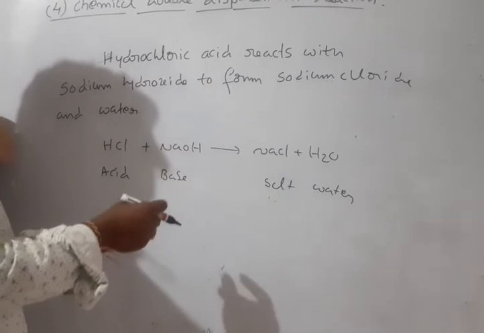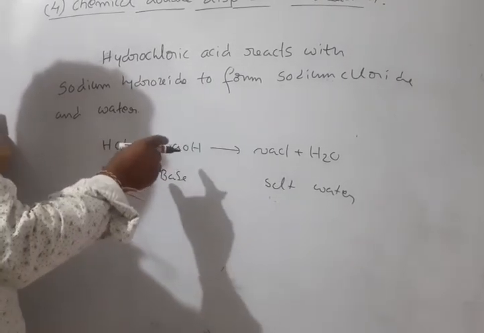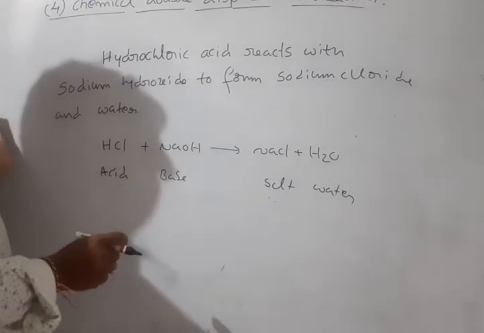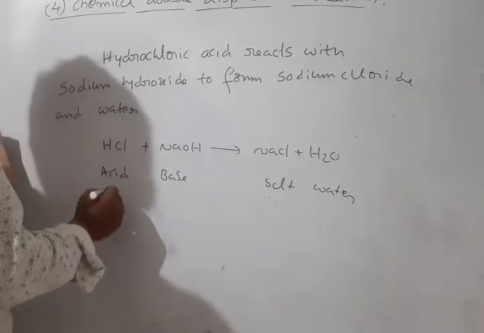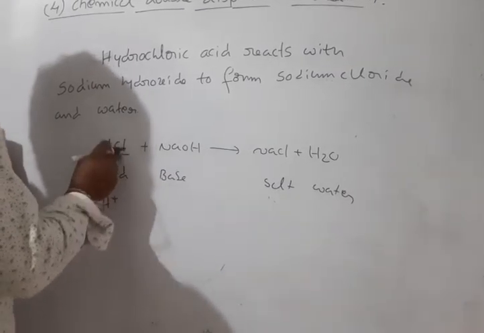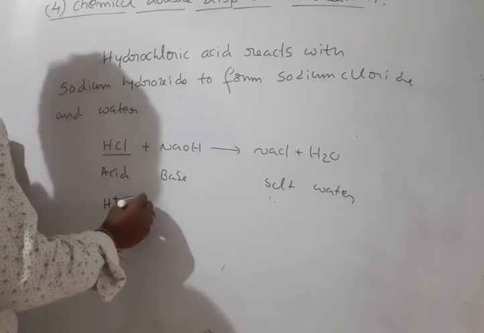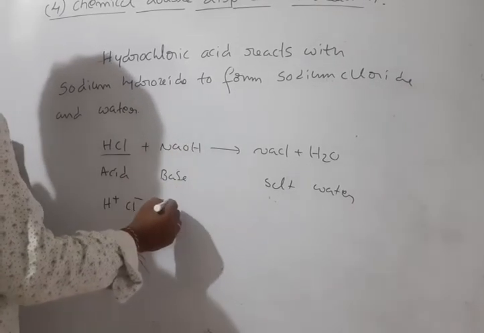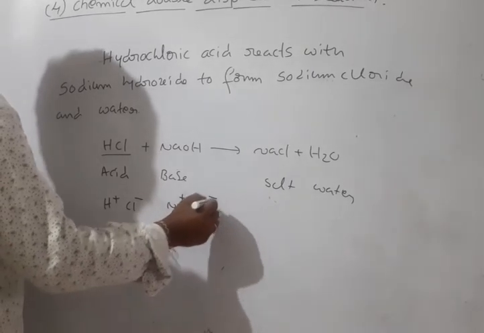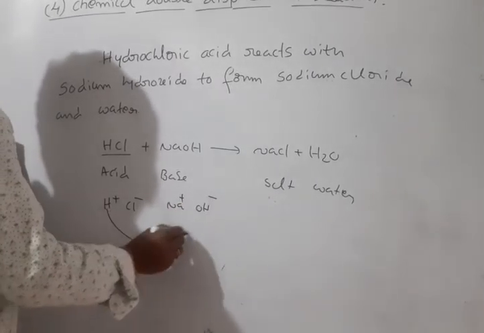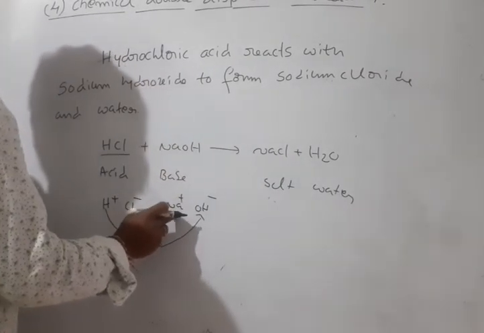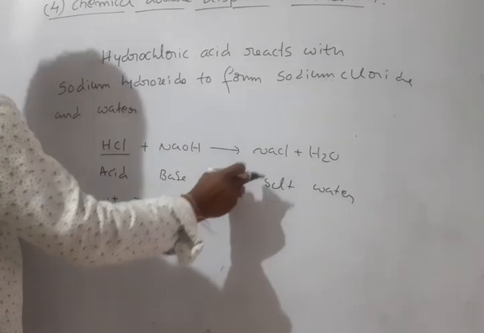Now we observe whether this neutralization reaction is a double displacement or not. We check it. For that I write the radicals in these compounds: H plus and Cl minus. And in sodium hydroxide, the cation is Na plus and the anion is OH minus. Now H plus and OH minus react to form water, and sodium cation and chloride anion react to form NaCl.